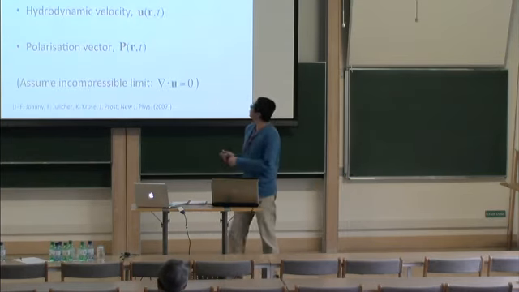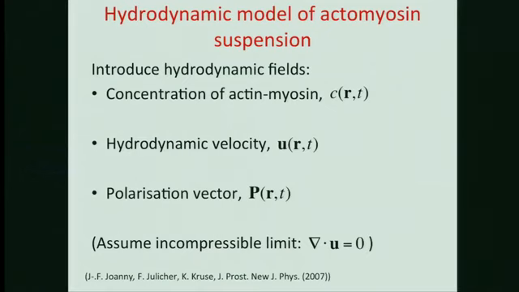And now I will go through the model. So we use the hydrodynamic model, which has been developed with many people. So these are the variables. C is the concentration of the actomyosin network, U is the fluid velocity, P is the polarization factor.